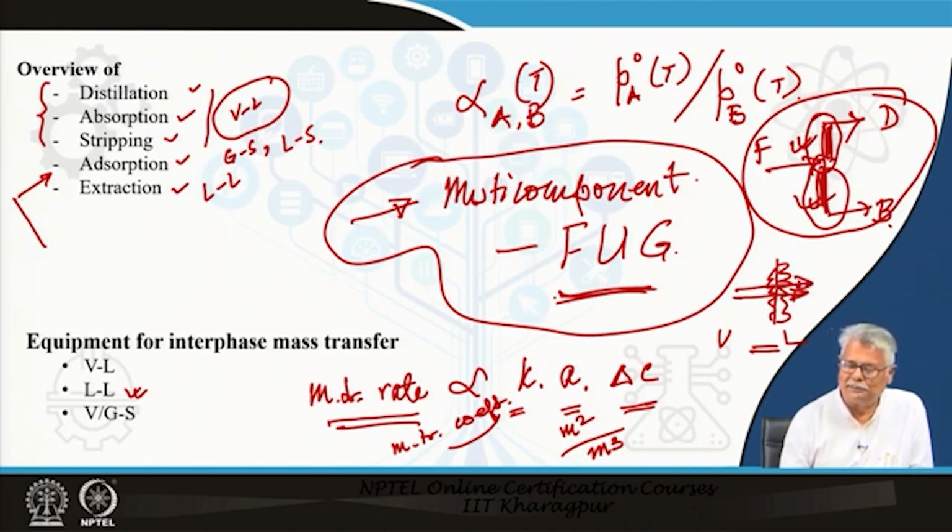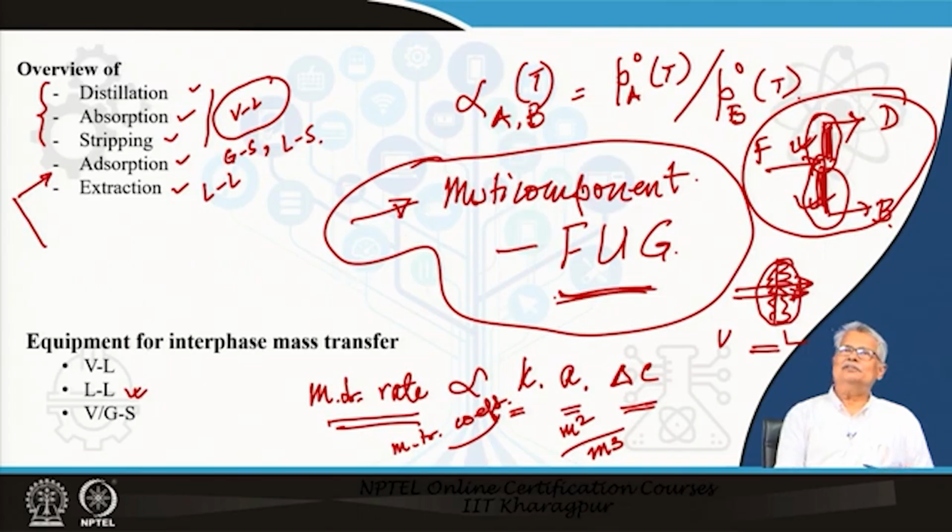It is also possible that one of these resistances dominates. In mass transfer, the inverse of the mass transfer coefficient denotes its resistance. That means, out of these phases, the phase which has a higher mass transfer coefficient has the least resistance. I repeat, the higher mass transfer coefficient refers to least resistance.